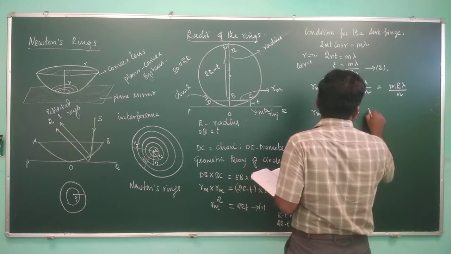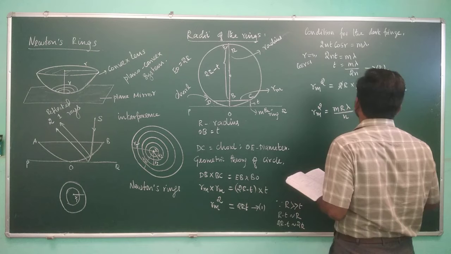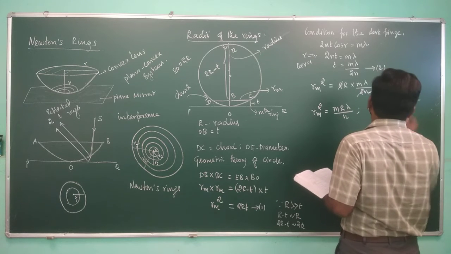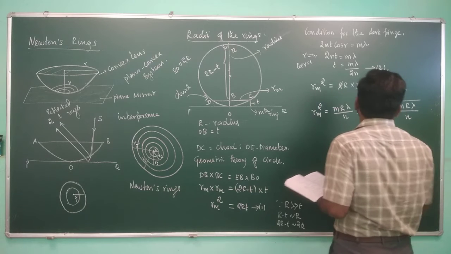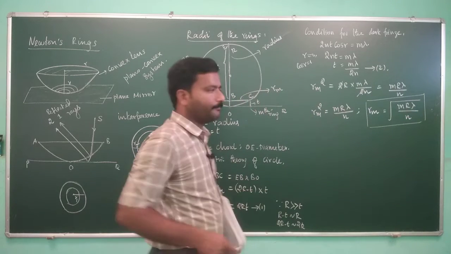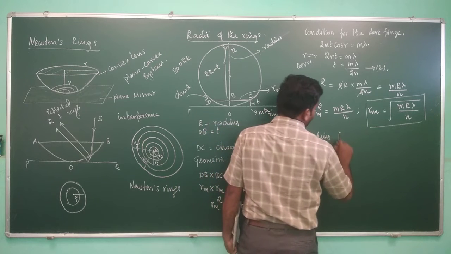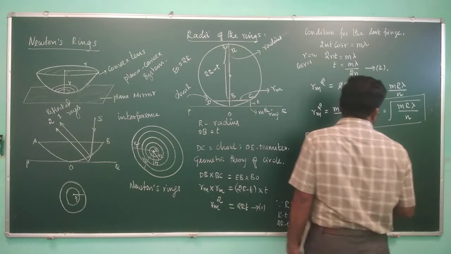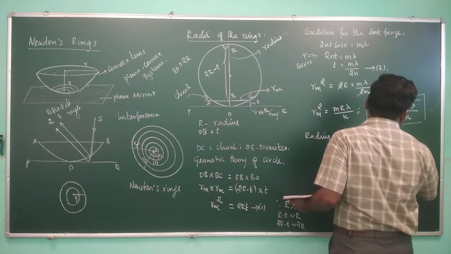If you want Rm, the radius of the mth ring, this is equal to square root of m R lambda by n. So this expression is the radius for the mth dark ring.